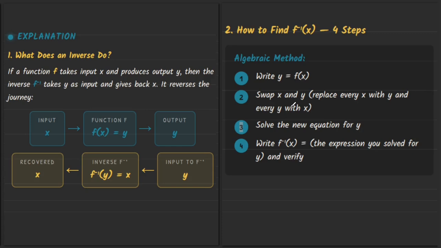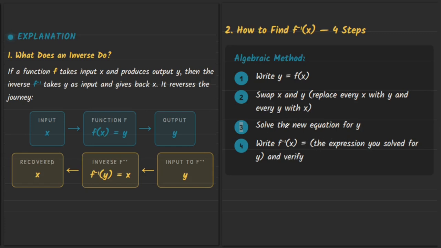If we start solving the questions, we would actually apply them. So don't be bothered if you are not seeing any actual numbers and then substitution here. So let's just understand it. After equating our y to f of x, we then swap the x and then y. What it means is we replace every x with y and every y with x. If you're able to do that, you then get a new equation you have to solve.